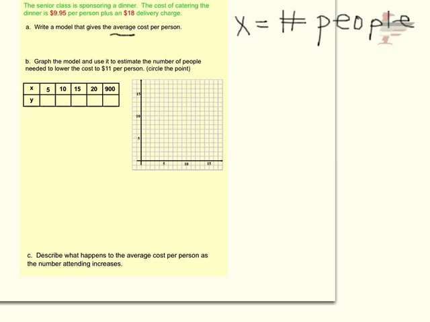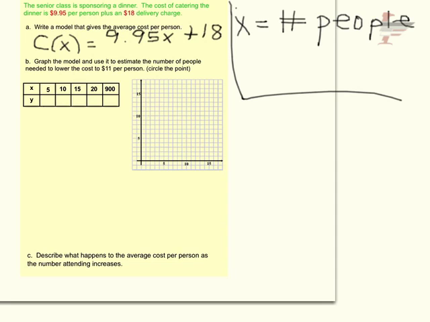Alright, so write a model that gives the average cost per person. I'm going to use C for cost, so C of x. It's a function for cost for the number of people that attend, and that's going to be $9.95 per person, so that's times x, plus an $18 delivery fee, and that's not per person, so there's no x there.